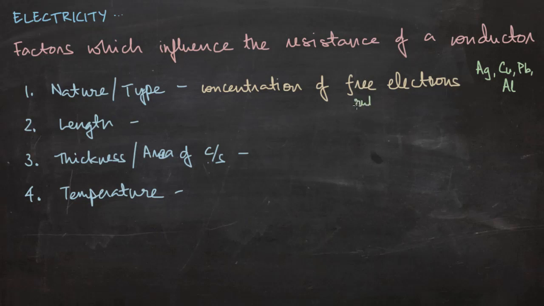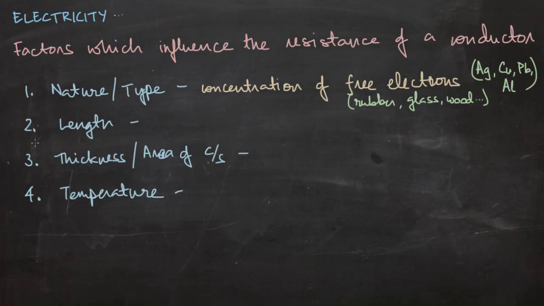We have substances such as rubber, glass, wood, etc. All of these are bad conductors of electricity, or rather insulators. So, depending on the nature of the conductor, the resistance would be less or more. The more the concentration of free electrons, the lesser the resistance.